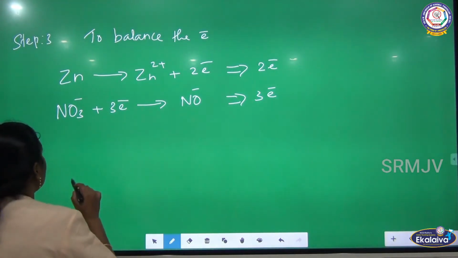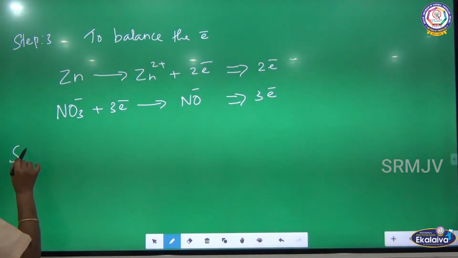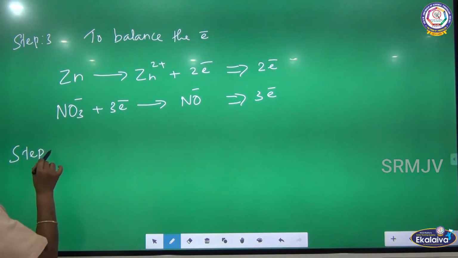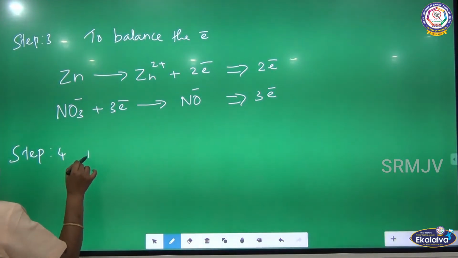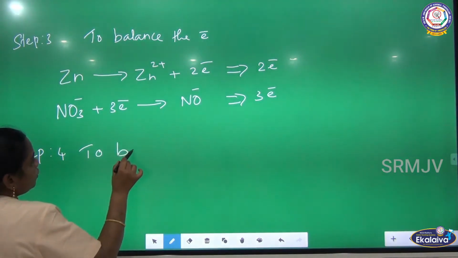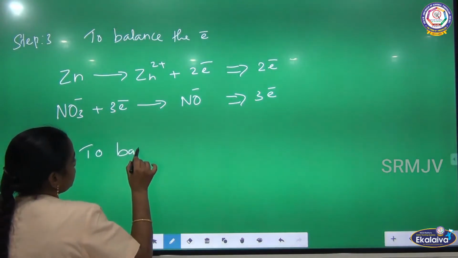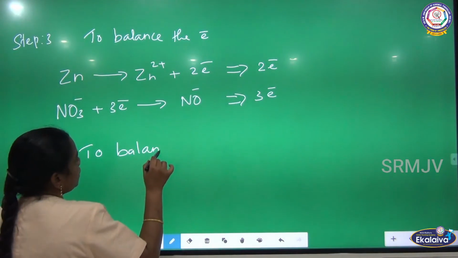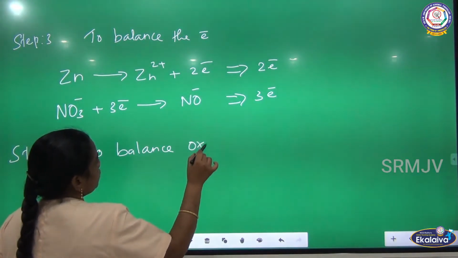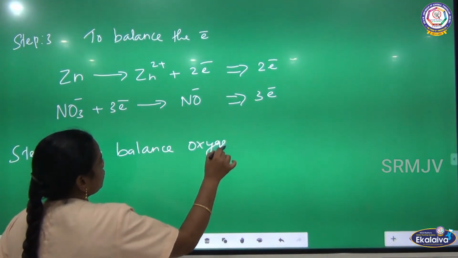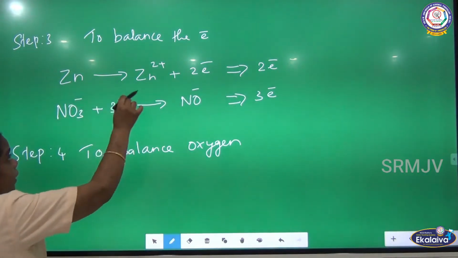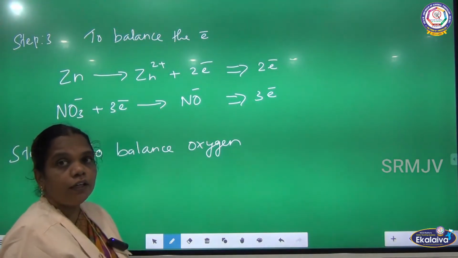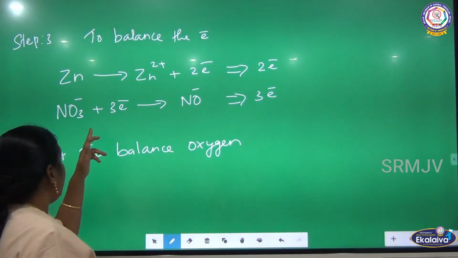So now step 4, to balance oxygen. Because zinc is already 1 and 1, it is balanced, only you want to see oxygen.